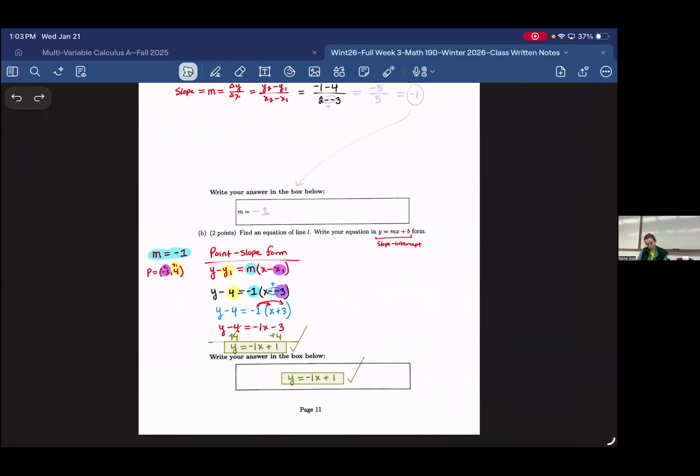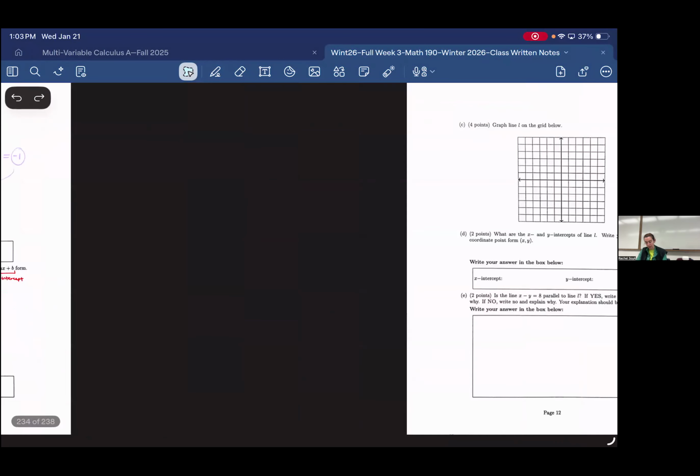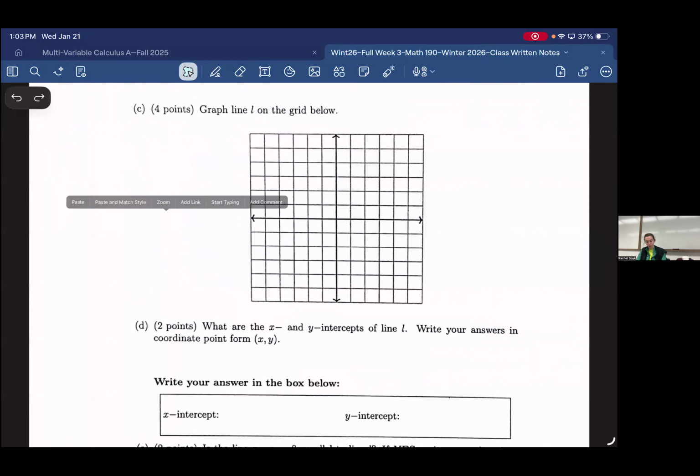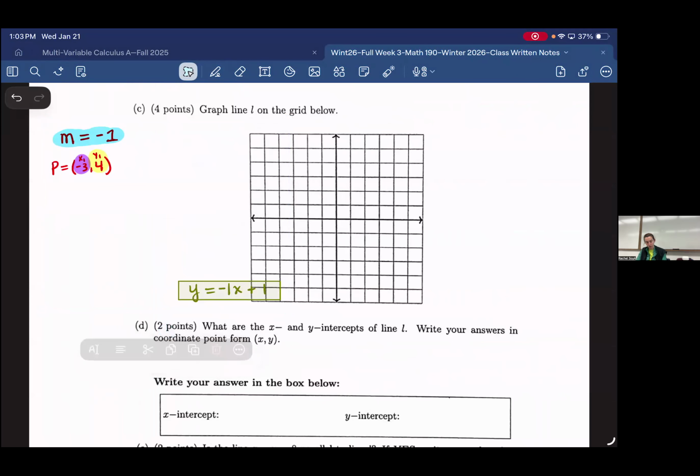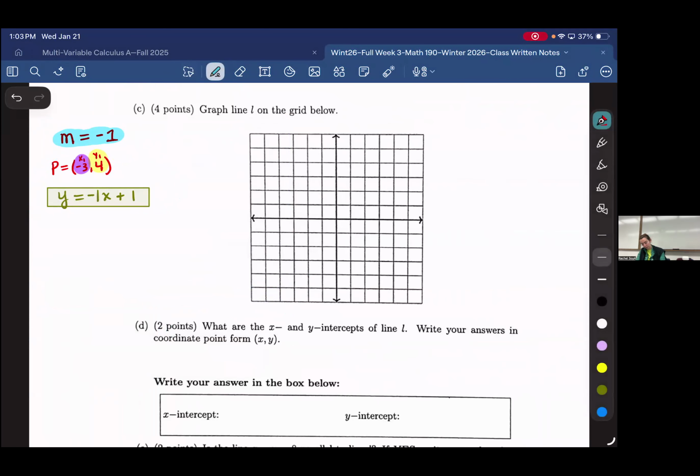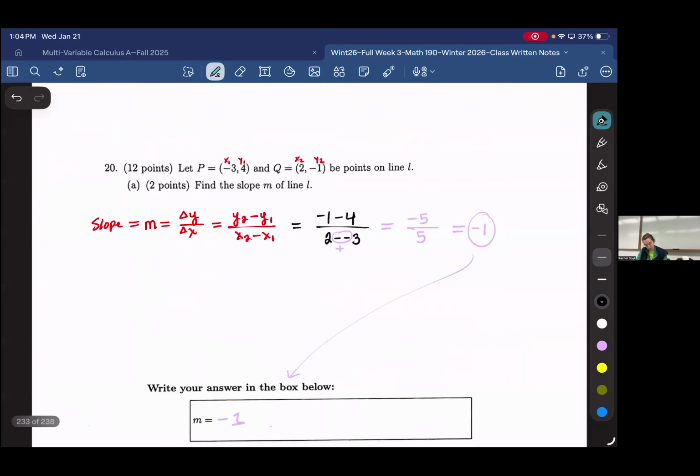And then I'm also going to bring over point Q as 2, -1. So I'll write that down too. That's 2, -1, right? Yeah.